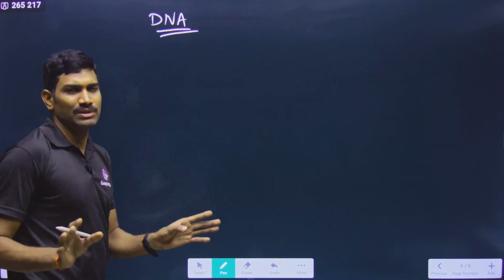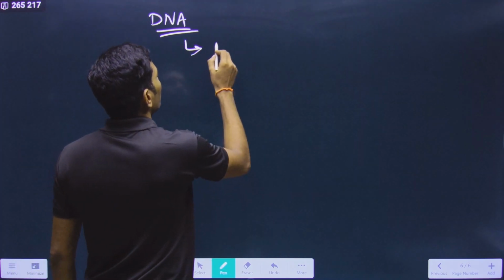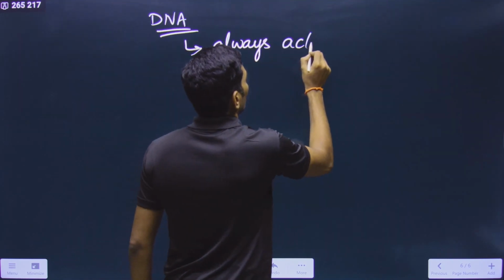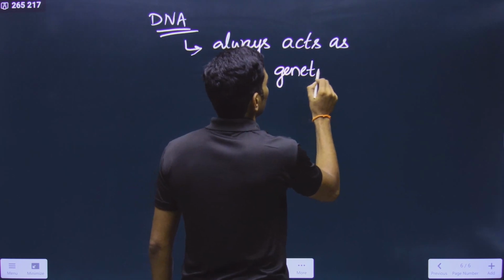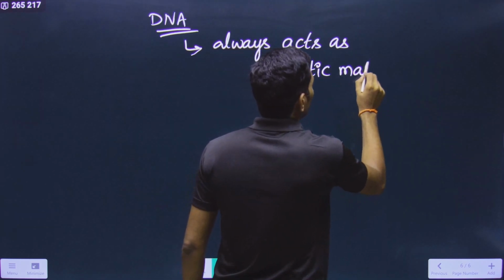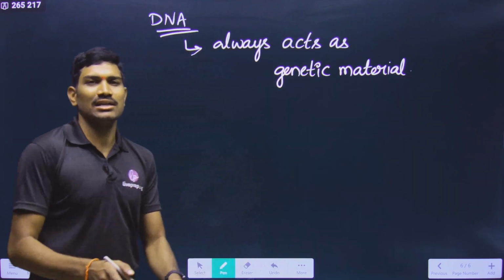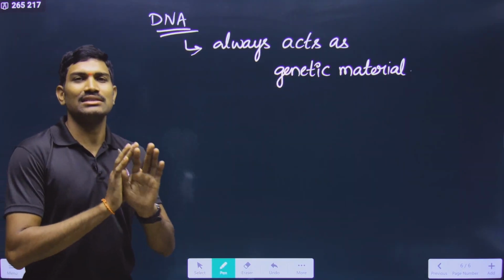DNA, wherever it is present, has only one function. What is the function of DNA? DNA always acts as genetic material. Wherever it is present in those organisms, it always acts as genetic material.